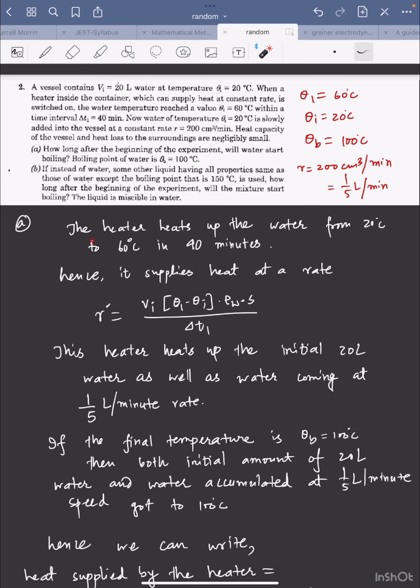The heater heats up the water from 20 degrees centigrade to 60 degrees in 40 minutes. Hence it supplies heat at a rate R dash, which we can find as Vi rho W S (theta 1 minus theta I) divided by delta T1, where rho W is the density of water and S is specific heat capacity. This is the formula Q equals m S delta T.